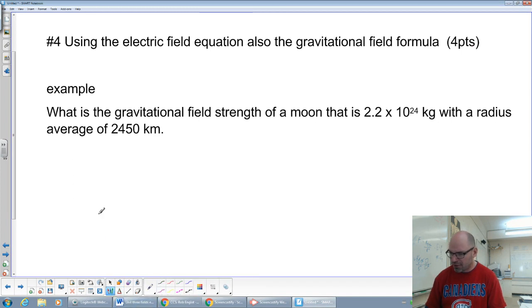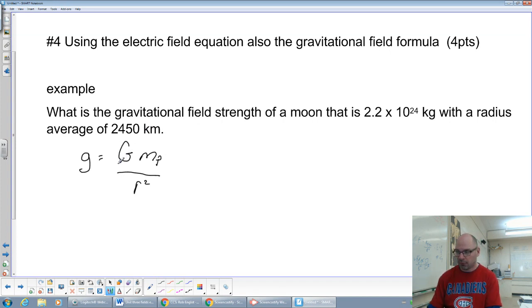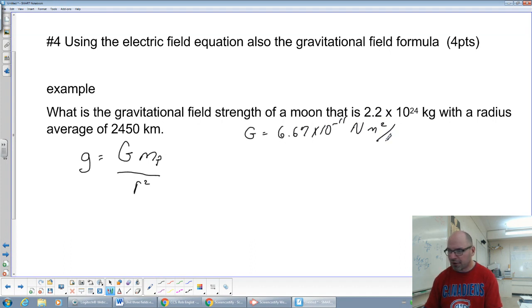The formula that we're dealing with is gravitational field strength equals capital G times the mass of the planet or object that we're talking about over R squared, the radius. The thing that's tricky is this has to be in meters because G is in meters. G is 6.67 times 10 to the negative 11 newton meter squared over kilogram squared.